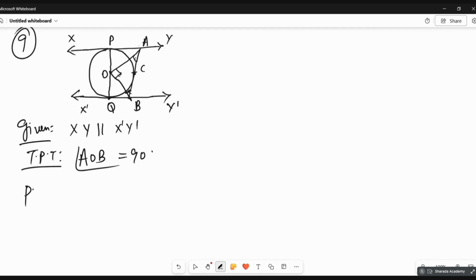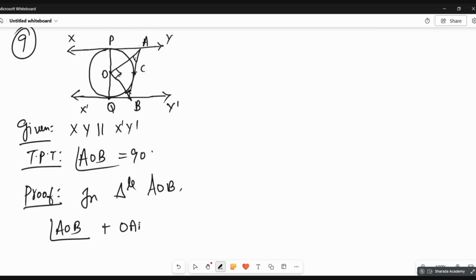Okay. So proof. First write down. In triangle AOB, angle AOB plus angle OBA plus angle OAB is equal to 180 degrees. We'll call this equation 1. Now what will we get here?